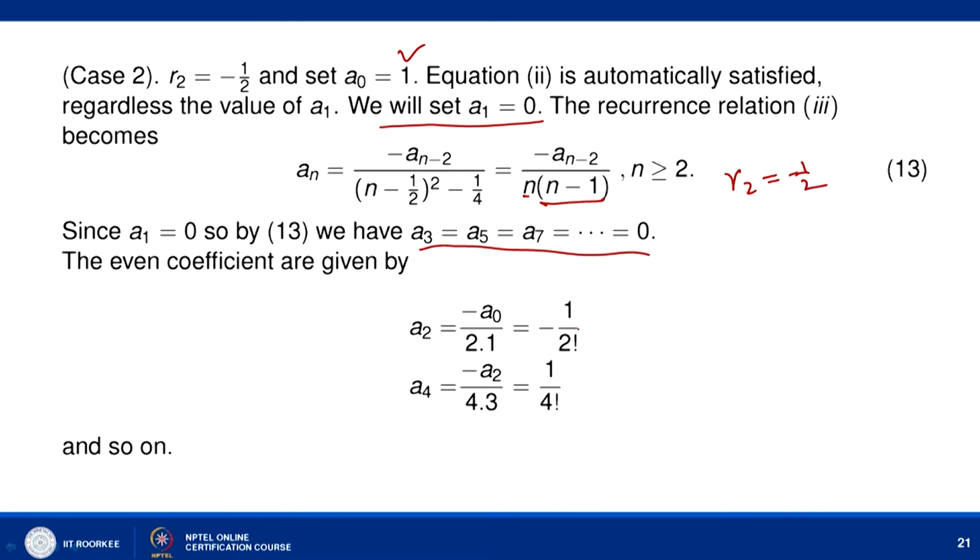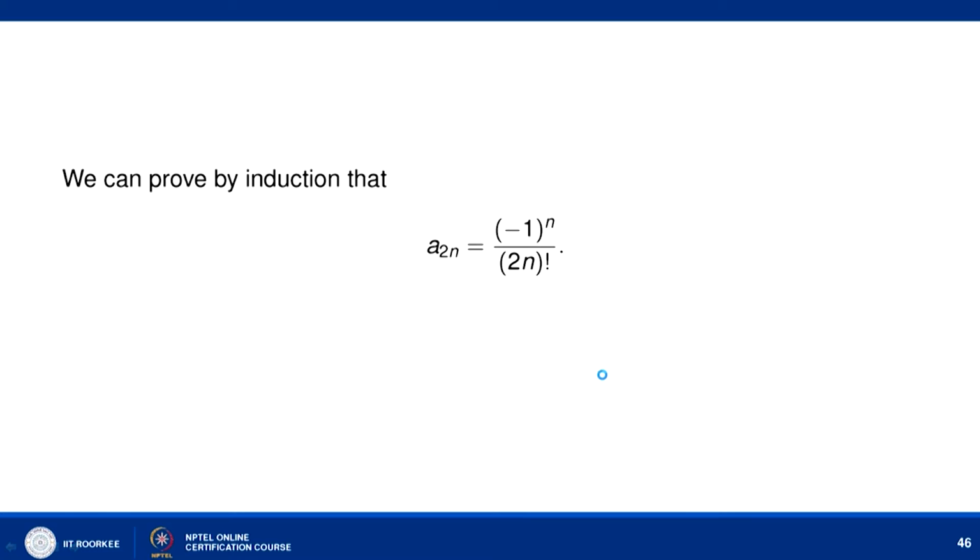So we can calculate a2 as minus a naught upon 2 into 1, and a naught is 1, so it is minus 1 upon factorial 2. a4 is minus a2 upon 4 into 3, and a2 we have already calculated, so a4 is 1 upon factorial 4, and so on. By induction we can say that a2n is equal to minus 1 to power n divided by factorial 2n.